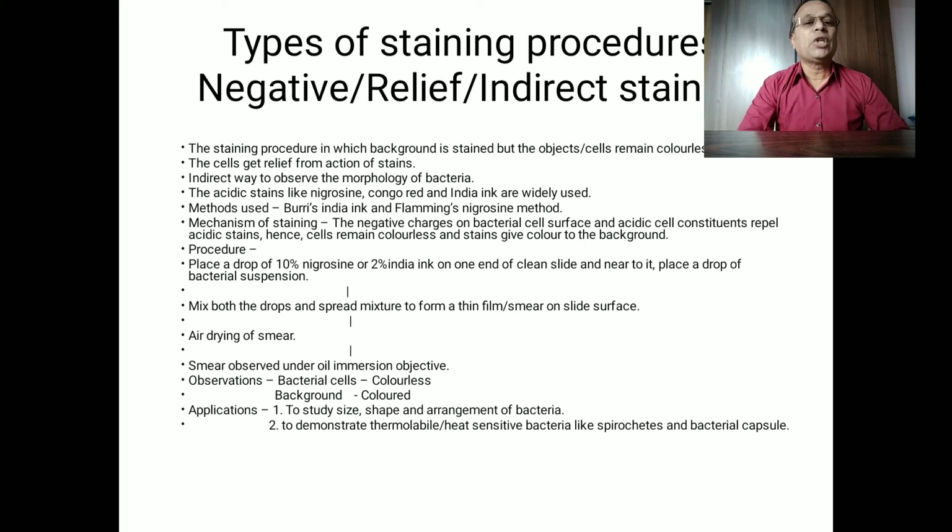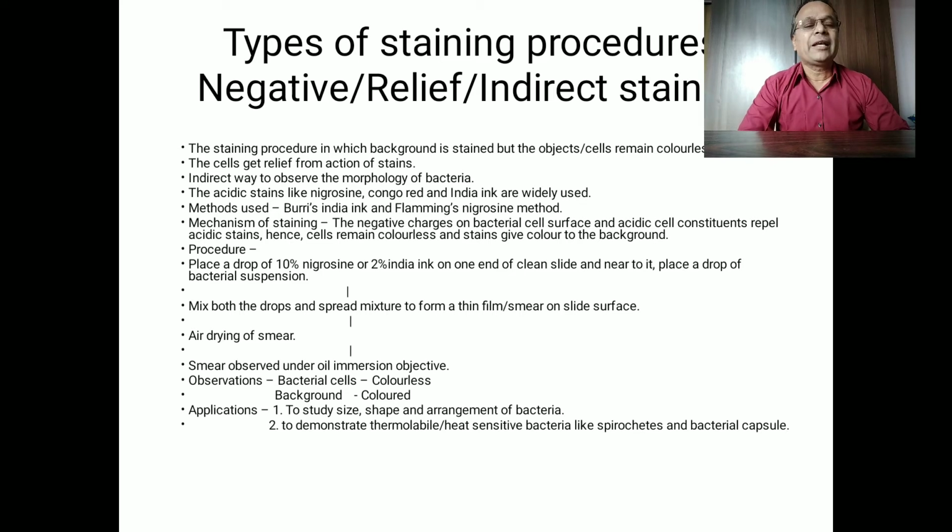In addition to the staining solution, there is use of tap water. The purpose of tap water is to wash the slide after application of the stain. The staining solutions that we use are prepared either in water, alcohol or phenol, and the concentration of the stain is usually less than 1%. So very dilute stains are usually used for different staining procedures.